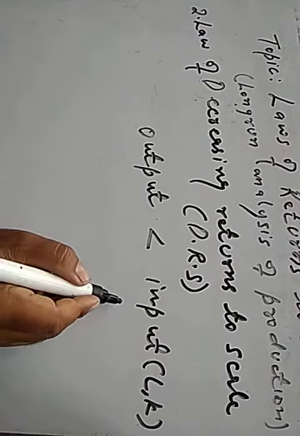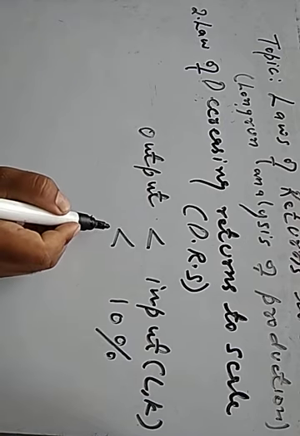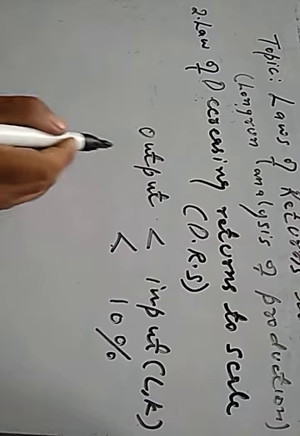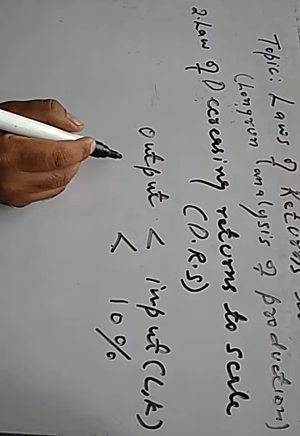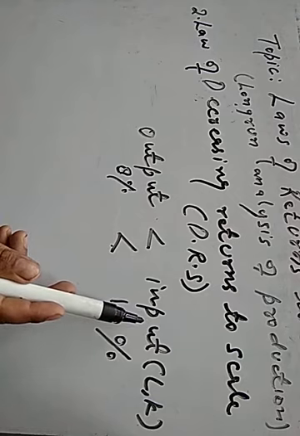Suppose the inputs have been increased by 10%, the output will increase by less than 10%. Suppose it will increase by 8%, 5%. This is known as decreasing returns to scale. In simple words, the increase in output is less than proportional to the increase in input.